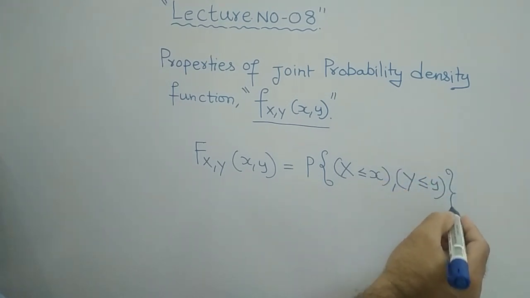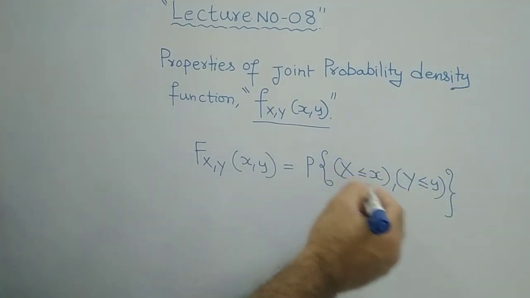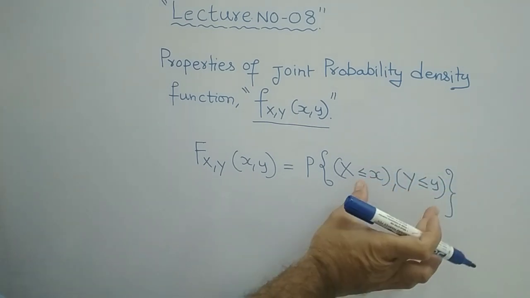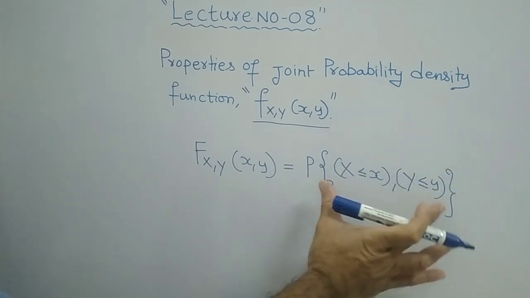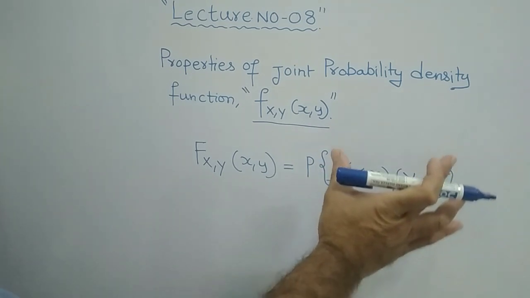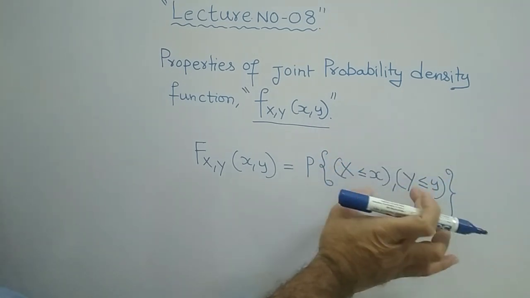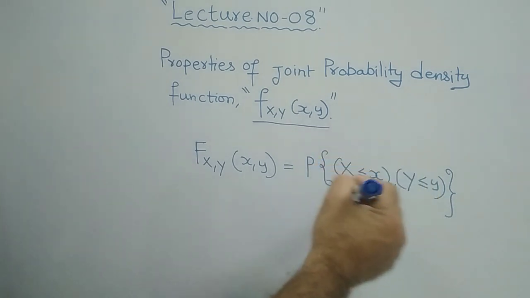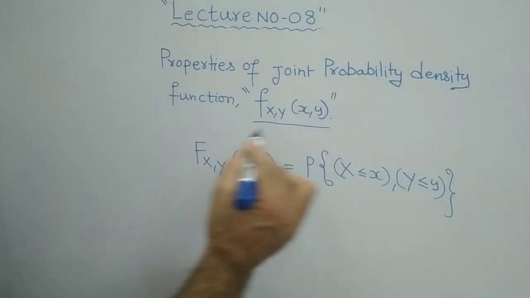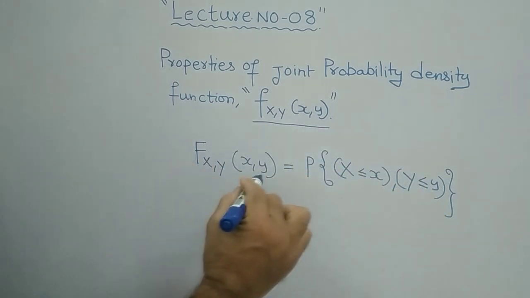This is the joint event, the quantity within the bracket. The probability of this joint event is called the joint distribution function.